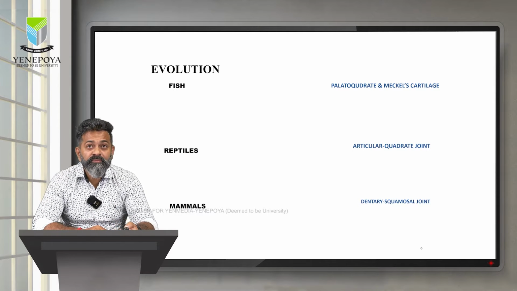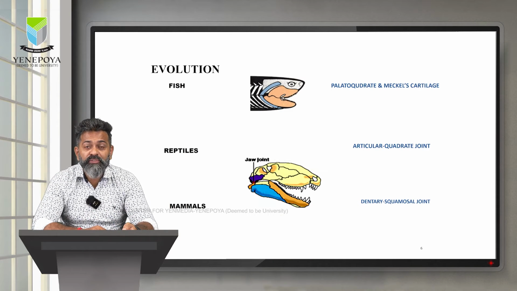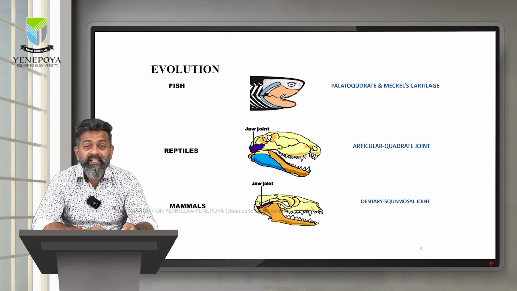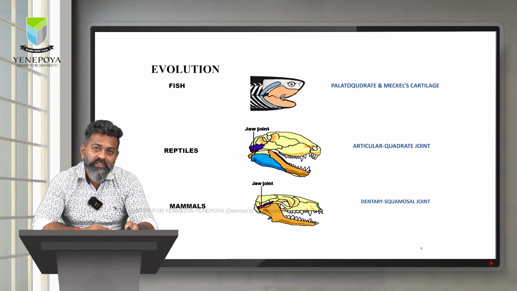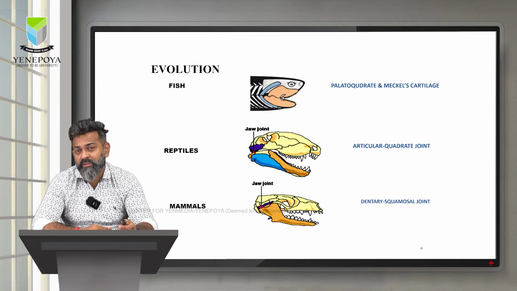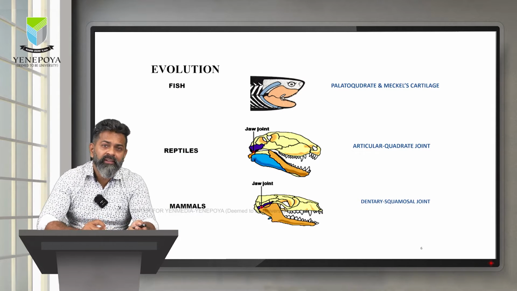These are the diagrams we need to know. Initially, there are gill bars. The anterior two or three disappear and form the mouth, and in the mandibular arch of the mouth, the lower one is called Meckel's cartilage and the upper is called palatoquadrate.